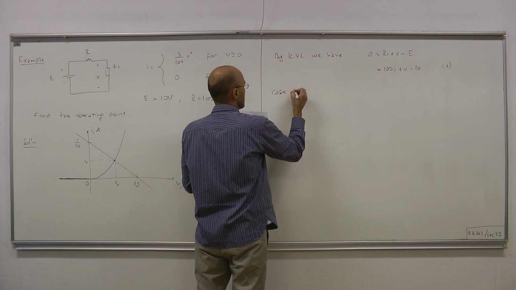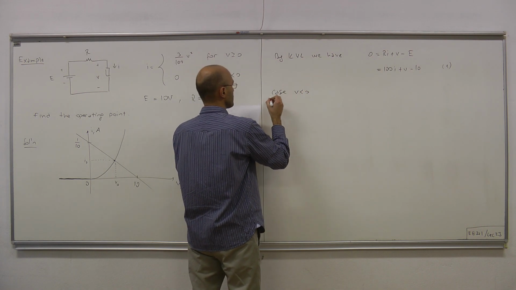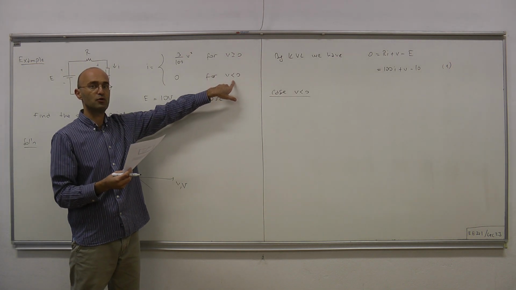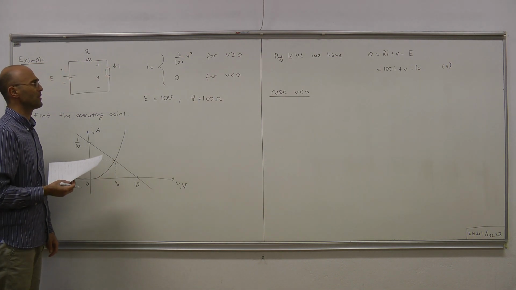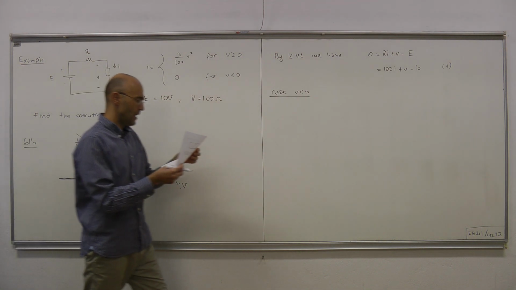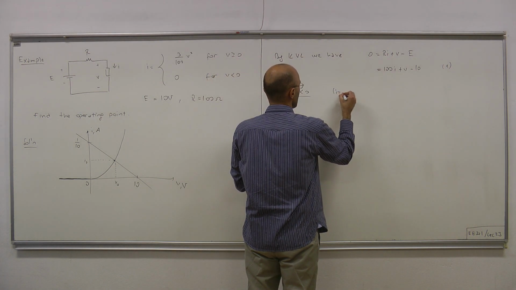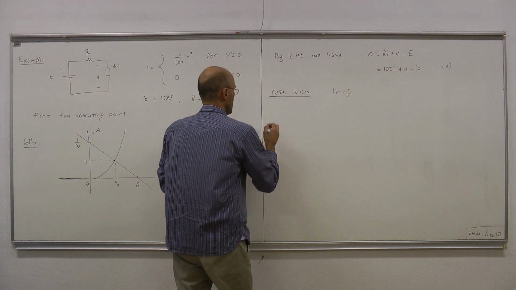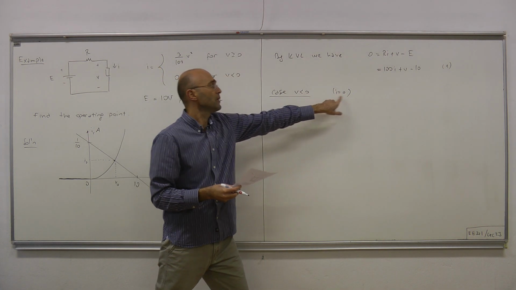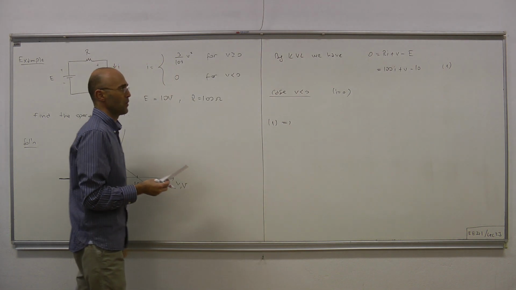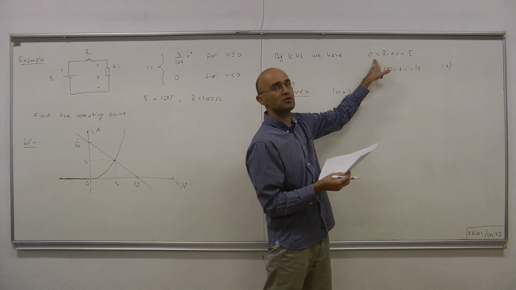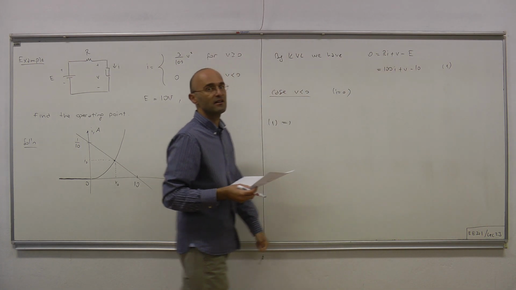So case V negative. Assume that V, the voltage of the nonlinear component, is negative. In that case, the component behaves like an open circuit, and the current is 0. Then you plug I equals 0 into load line equation number 1. If you do that, this term disappears and you have V minus 10 equals 0. Therefore, V must be 10.